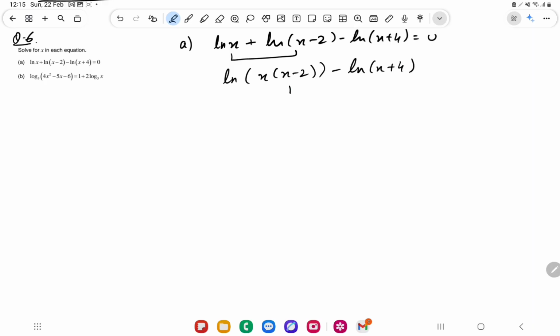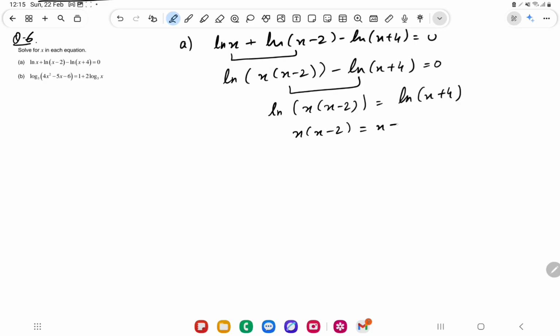And now I can use the ln a minus ln b property in this, or I can first write this, and I can write it like this also. Since both sides we have ln, so we can compare the brackets.